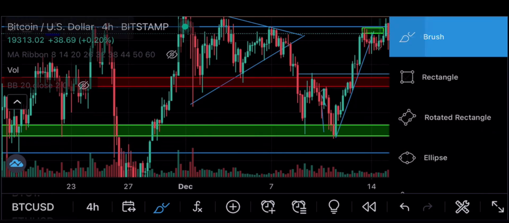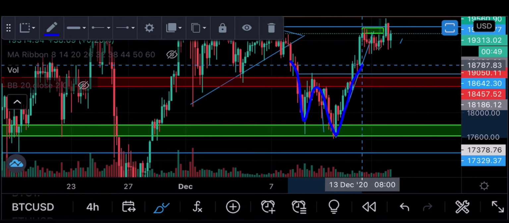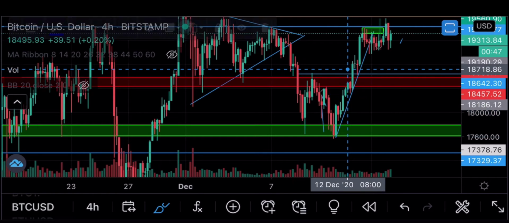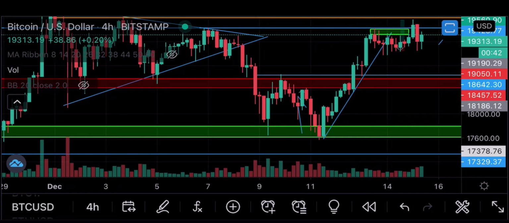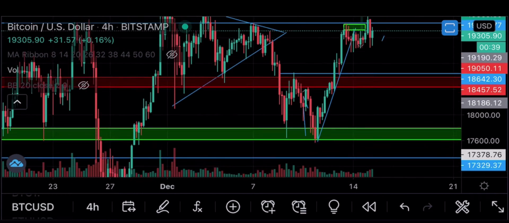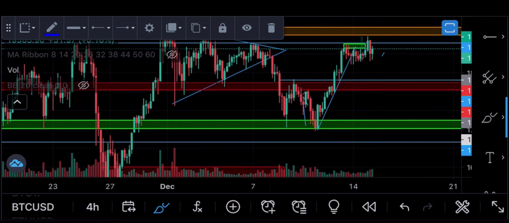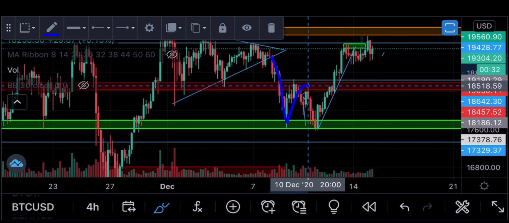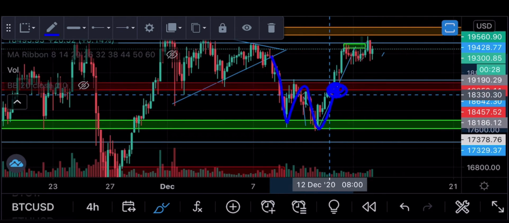We formed this W pattern here, and this was a key entry position as soon as we broke the neckline right there. So let's explain how we got to that conclusion. Basically, when you're looking at this W pattern on a longer time frame, like the 4-hour charts, you can identify this by a low, a high, and then a lower low that pushes up and beats this neckline.